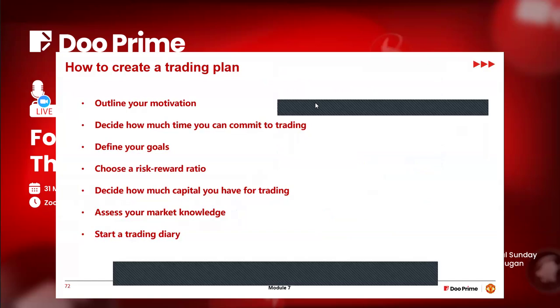Those things, after backtesting, demo trading, and seeing how much your trading strategy can do.